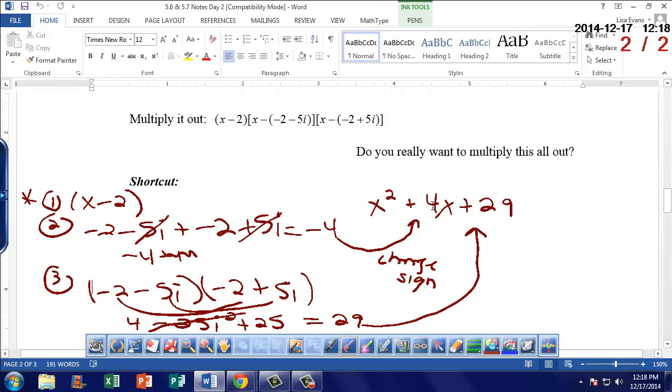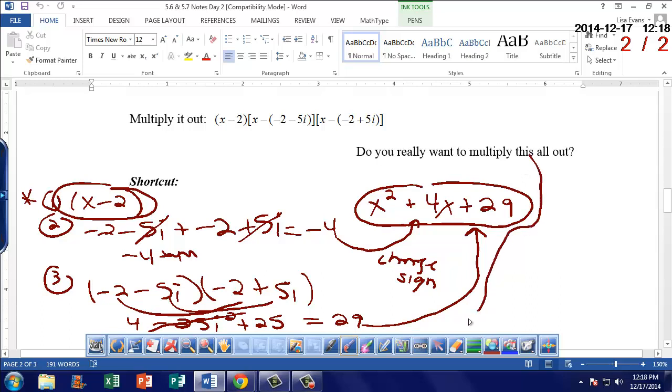So now all you need to multiply is our first factor by this polynomial. It's a little bit messy, but not as bad. If we go ahead and multiply this all out, I'll write the work over here. We're going to have x minus 2 times x squared plus 4x plus 29.